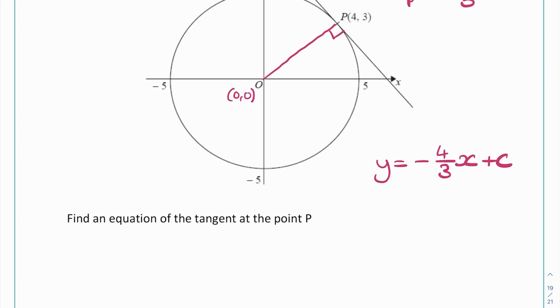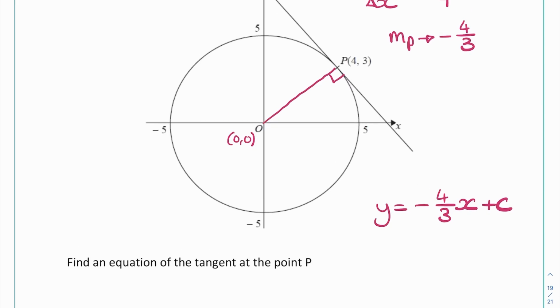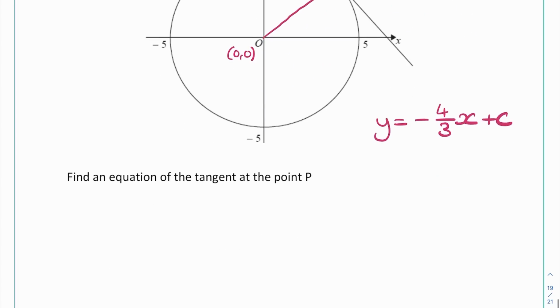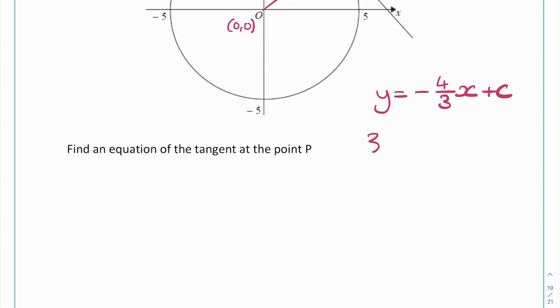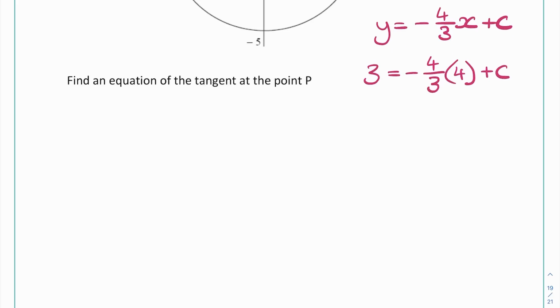All we need to do at this point is substitute a coordinate that's on that line into x and y, and we'll get our value of c. So obviously this is the coordinate we've been given, 4 and 3. So y is 3 and x is 4. So 3 is equal to -4/3 multiplied by the 4 and then add c. You can now expand that. Remember that -4/3 multiplied by 4, you can just do on the calculator.